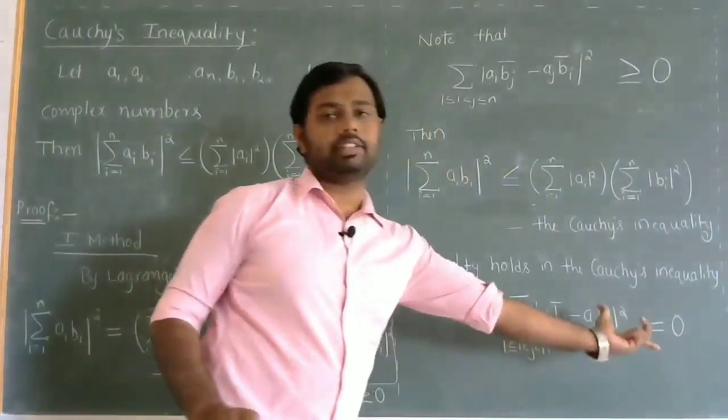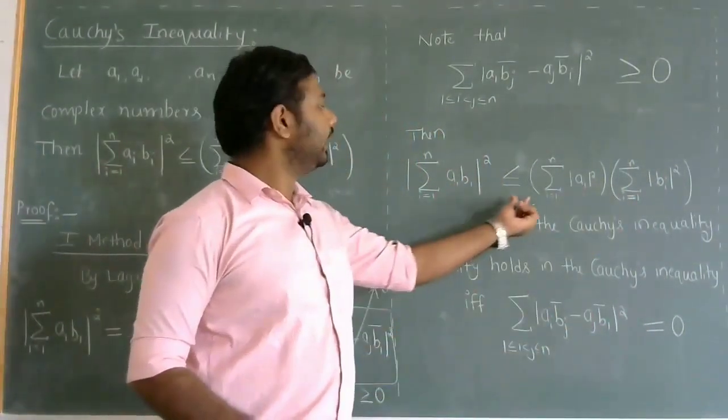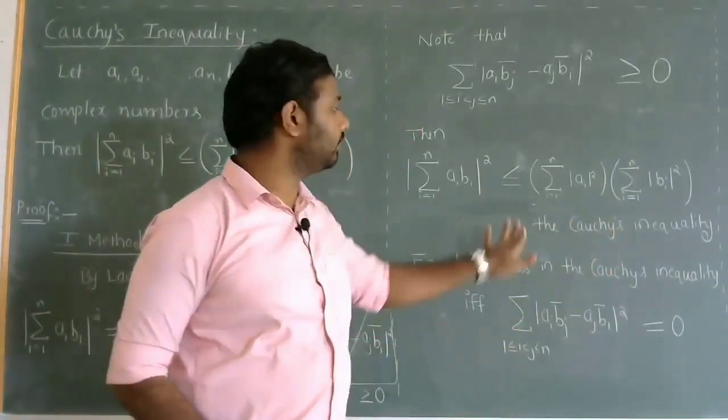If this number is equal to 0, then this number will be equal to this number. That means equality holds in the Cauchy's inequality.